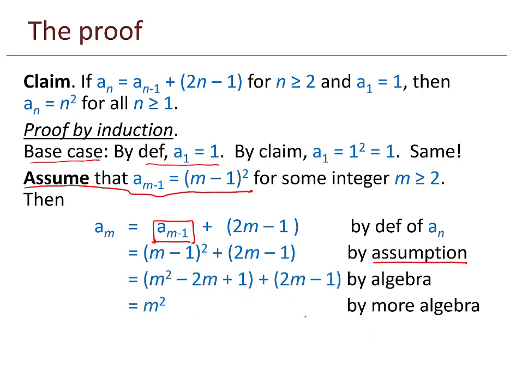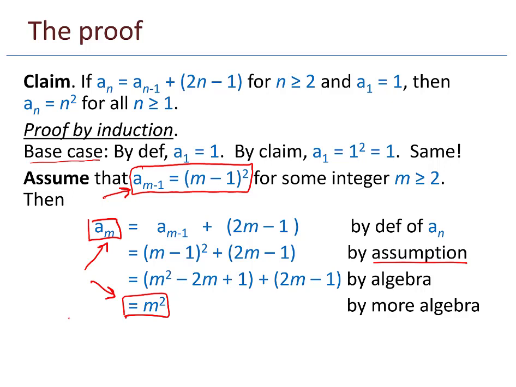And look what I get. I get m squared. So I had an assumption that the claim worked for subscript m minus 1, and under that assumption, we were able to show that the claim also worked if my subscript was m. So if the claim works with subscript m minus 1, then the claim also works with subscript m.